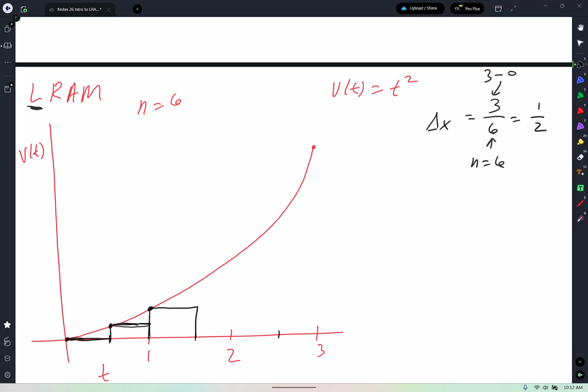My next rectangle, point, I'm at 1.5. My next rectangle, and I'll slow down. It doesn't have to be perfect, guys. My final rectangle.